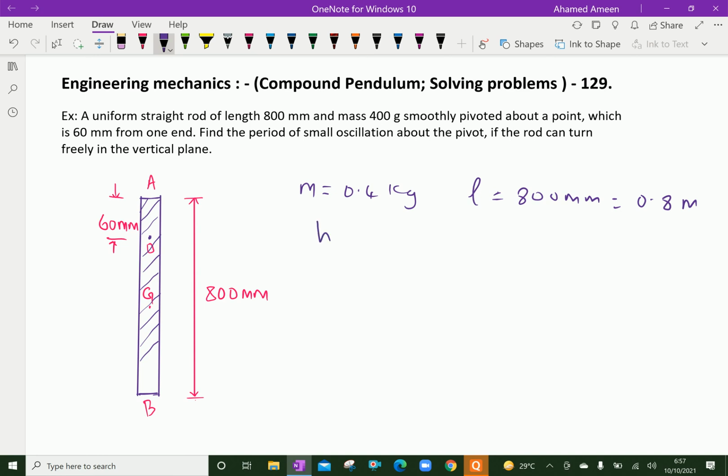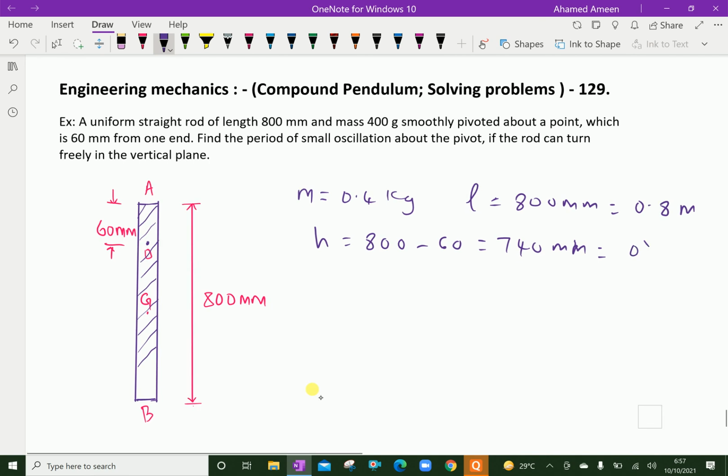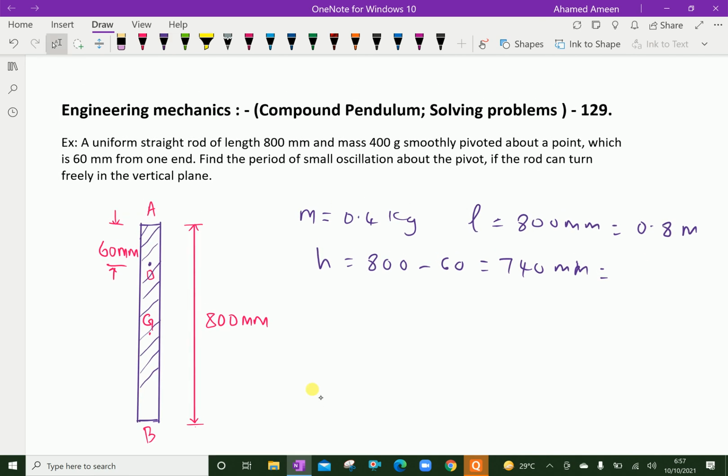H, the length between the pivot and the end point B, is 800 minus 60, which is equal 740 mm, which is equal 0.74 meter.